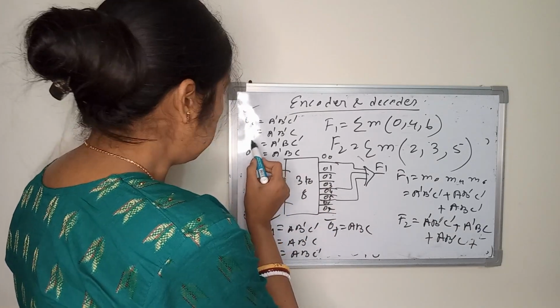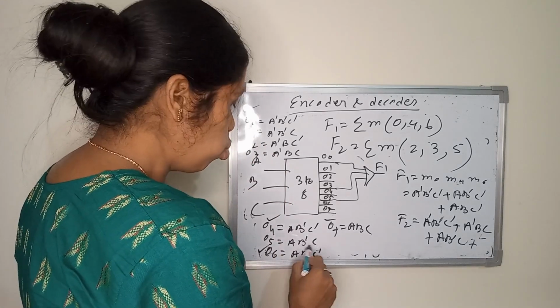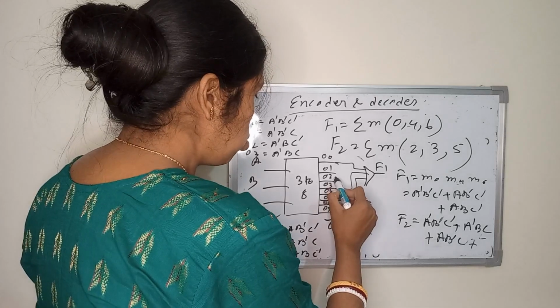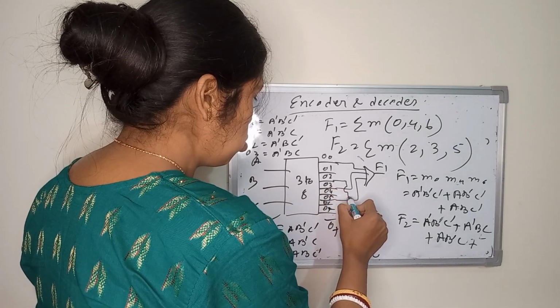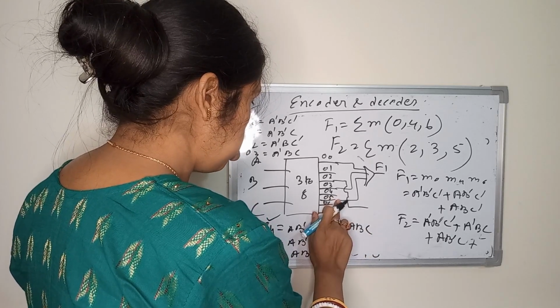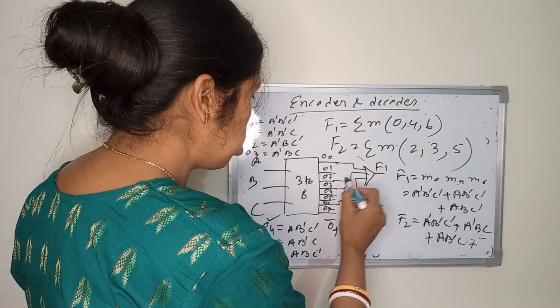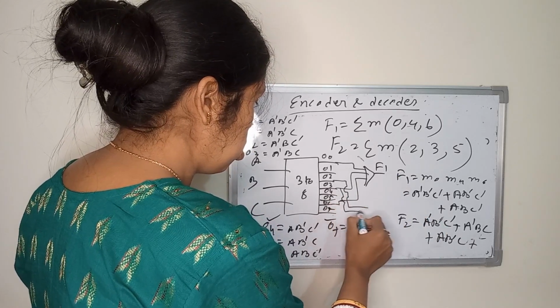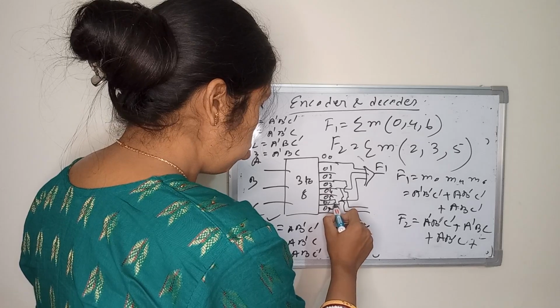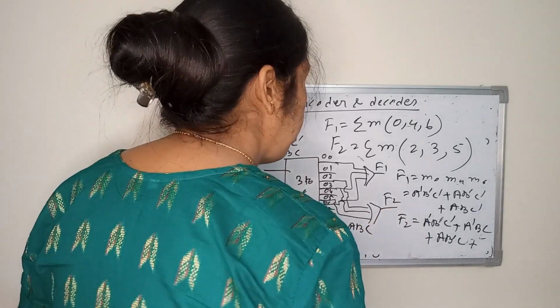If I take O2, O3 and O5, then by adding these I will get f2.